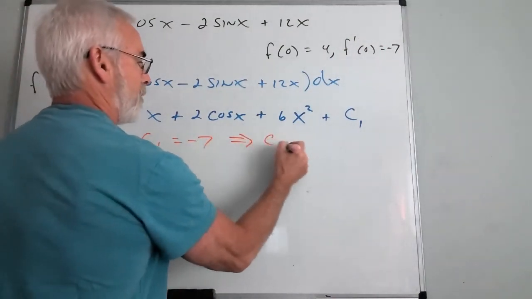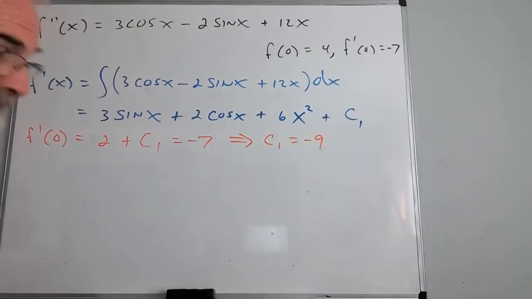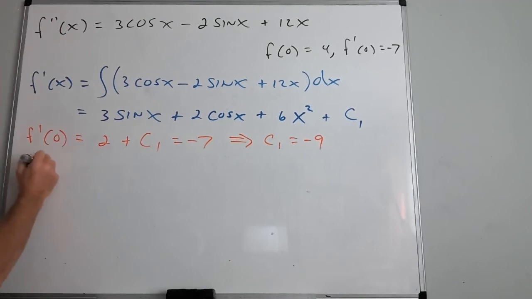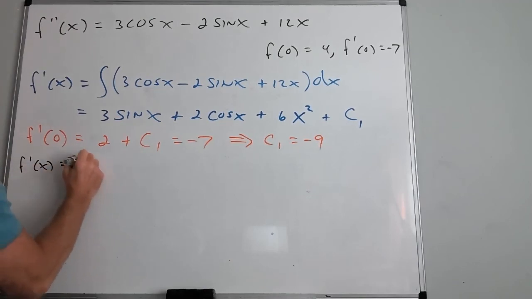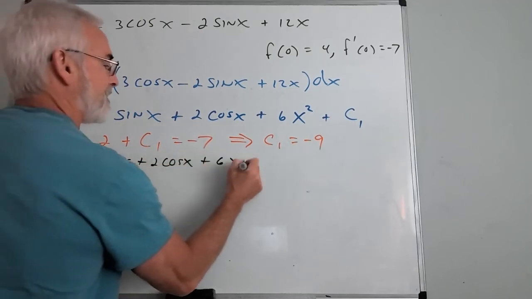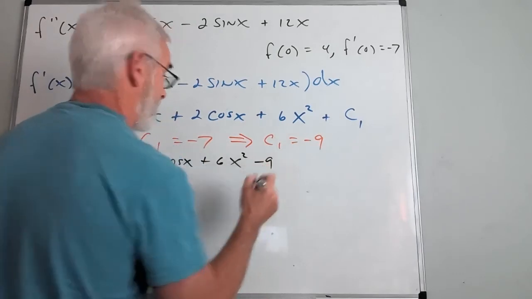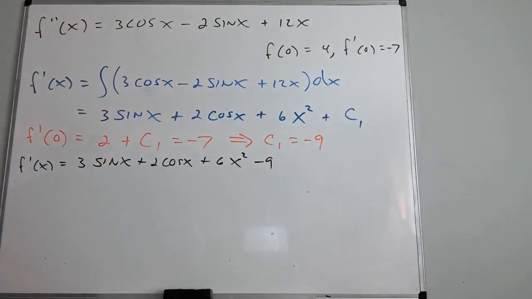That means that C1 is -9. Now I'm halfway done. Now I can say that f prime of x is 3 sine x plus 2 cos x plus 6x squared minus 9. And that minus 9 is actually quite important. It's not going away.